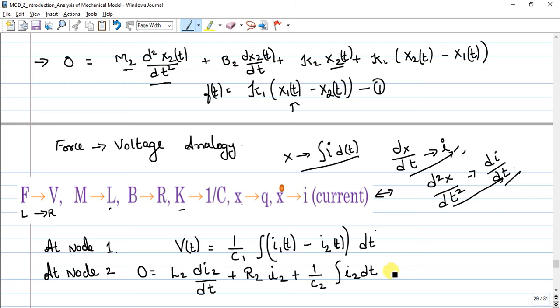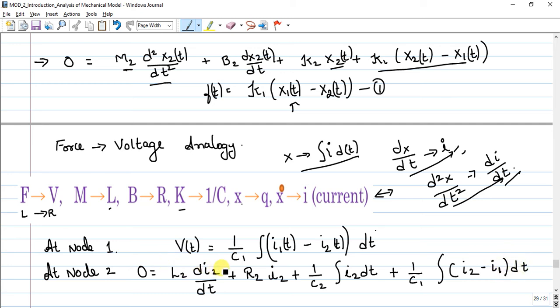And finally, we have the last term k1 multiplied by x2 of t minus x1 of t, which will be replaced by 1 by c1 within brackets, integration of i2 minus i1 dt.